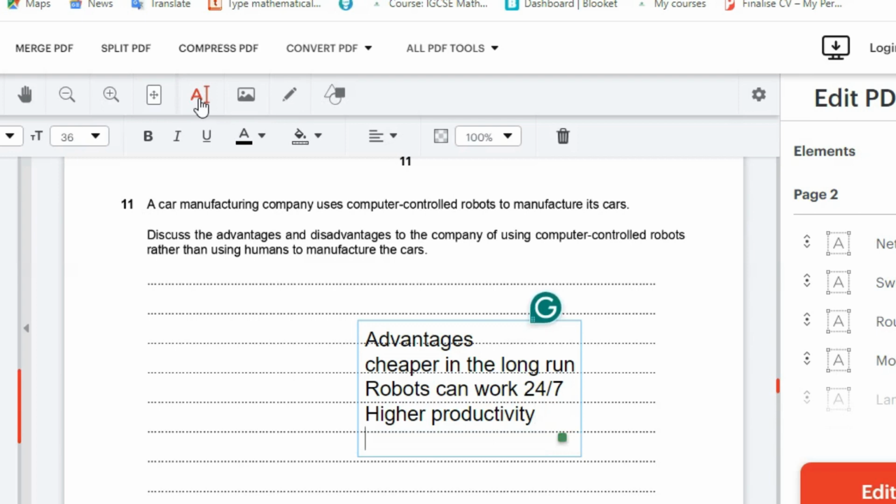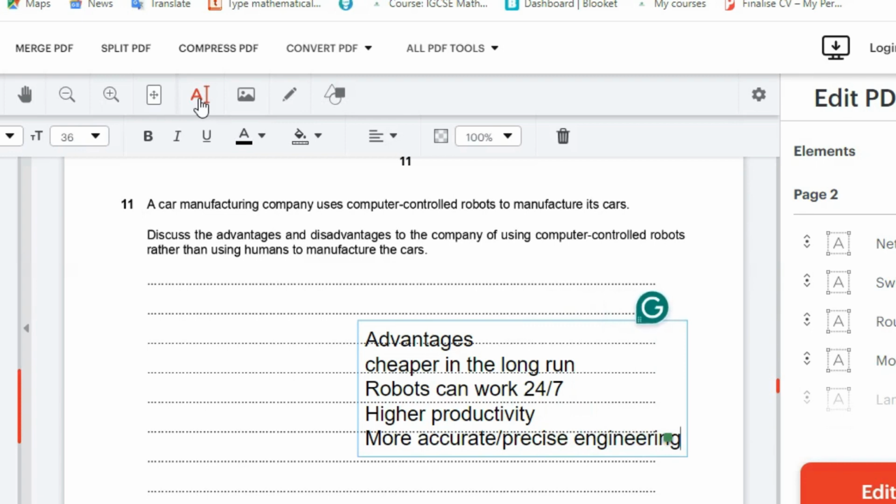Number 4, we have more accurate and precise engineering, because they are not prone to error like human beings.